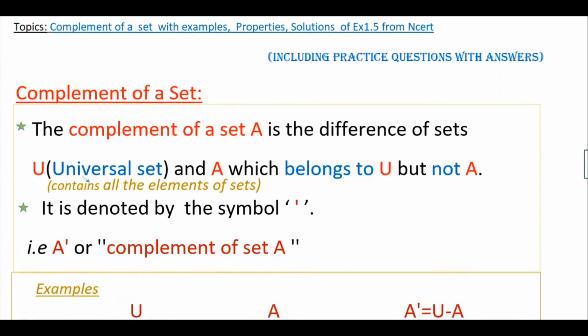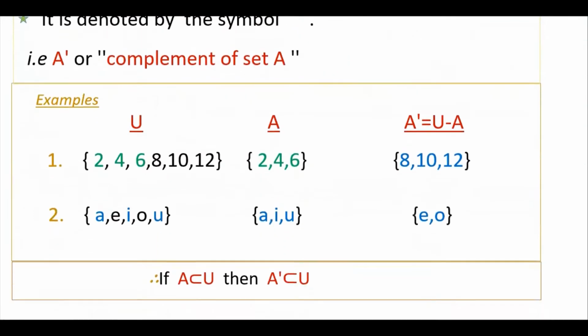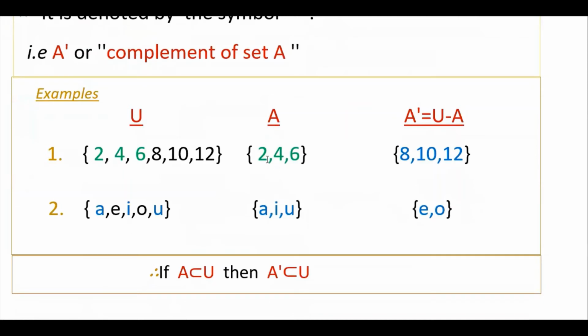For example, if you take a set A with elements 2, 4, 6, and the universal set contains always the elements of the other related sets also. So here the universal set is 2, 4, 6, 8, 10, 12. Then the complement of the set A is equal to the difference of these two sets.